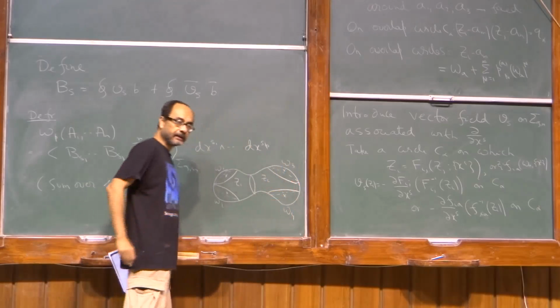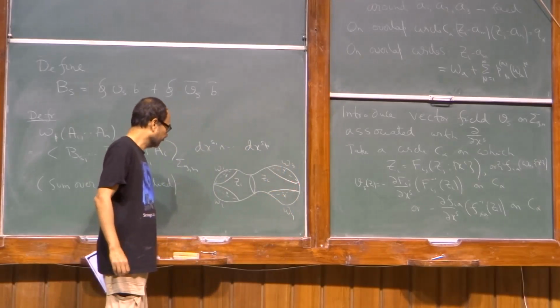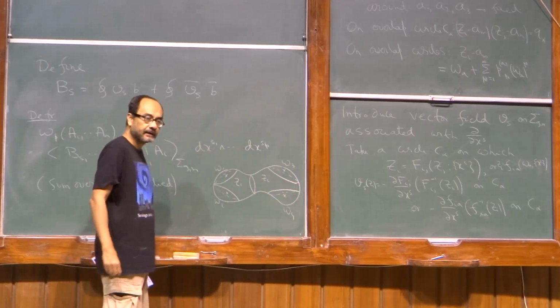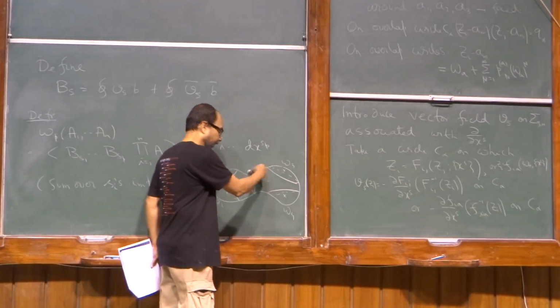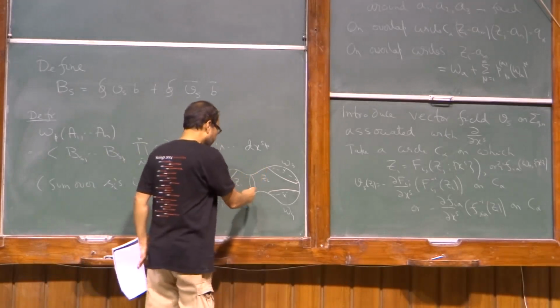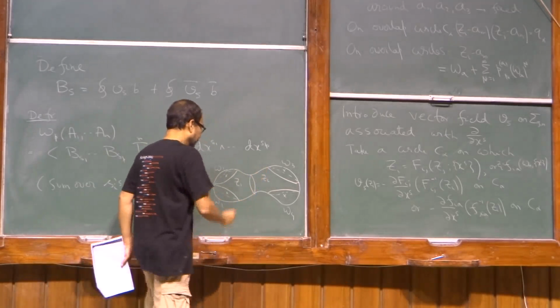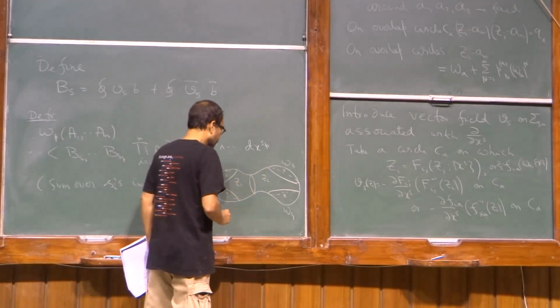So suppose I define Vs of Z1, then it can have support only on this circle, only on this one. Because Vs of Z1, it depends upon whether it is capital F or small f.